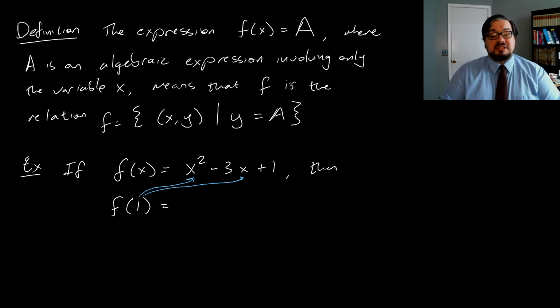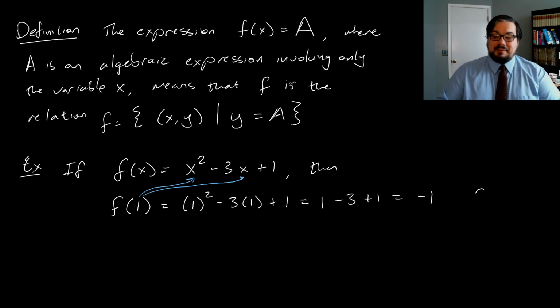So in the original expression, we have f of x is equal to this whole thing, which means that if I want to know what the output is for an input of 1, I take that 1 and plug it into the expression x squared minus 3x plus 1 for all the x's. So f of 1 in this case will be 1 minus 3 plus 1, which gives me negative 1. So that means that f of 1 is negative 1. For an input of 1, the output of this function is negative 1.